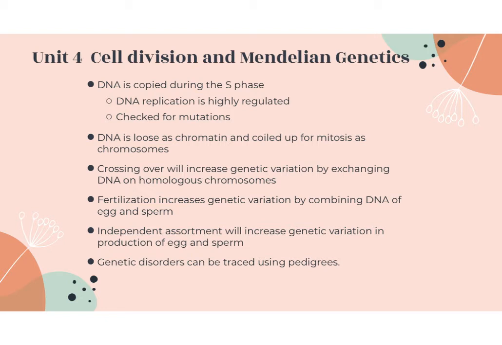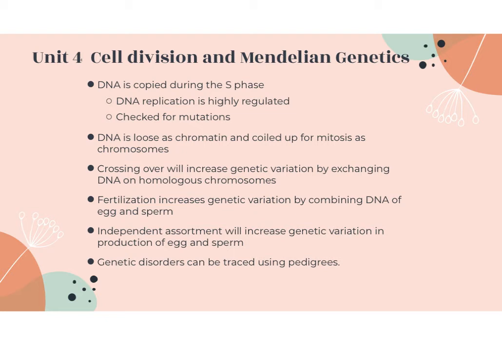In prophase 1, we also have crossing over, and this is important because it increases genetic variation by exchanging little parts of DNA on the other homologous chromosome. Another way that we increase genetic variation is through fertilization, which is where you combine the DNA of an egg and a sperm.